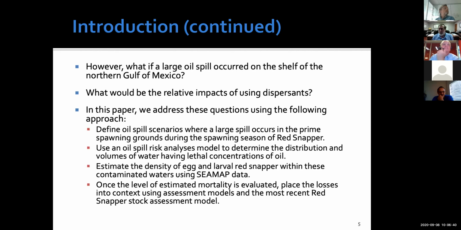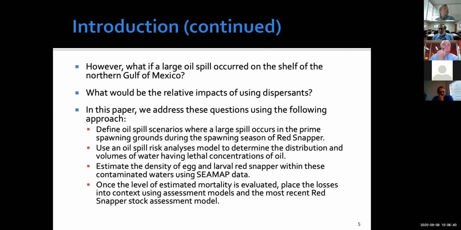Based on a long history of use for assessment purposes, the SEAMAP ichthyoplankton data from 1982 to 2008 were used to estimate the average red snapper egg and larval densities in our impact area over the months June through October. Larval densities were estimated from catch per unit effort data.